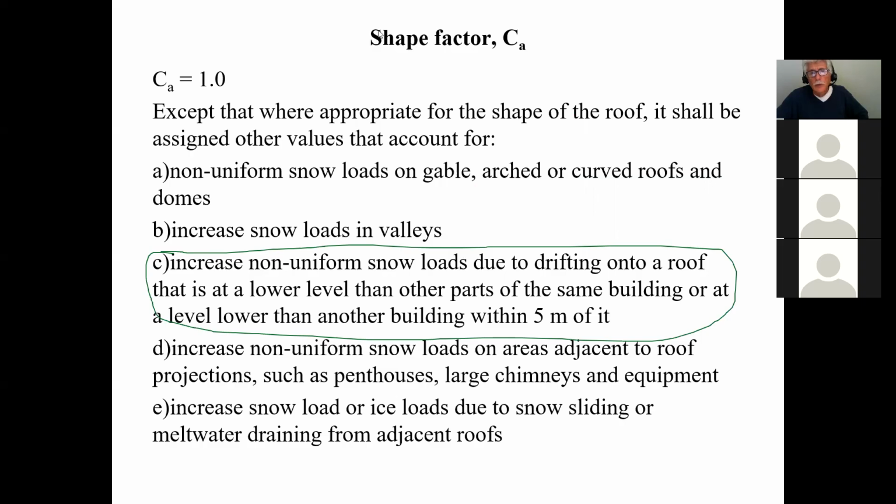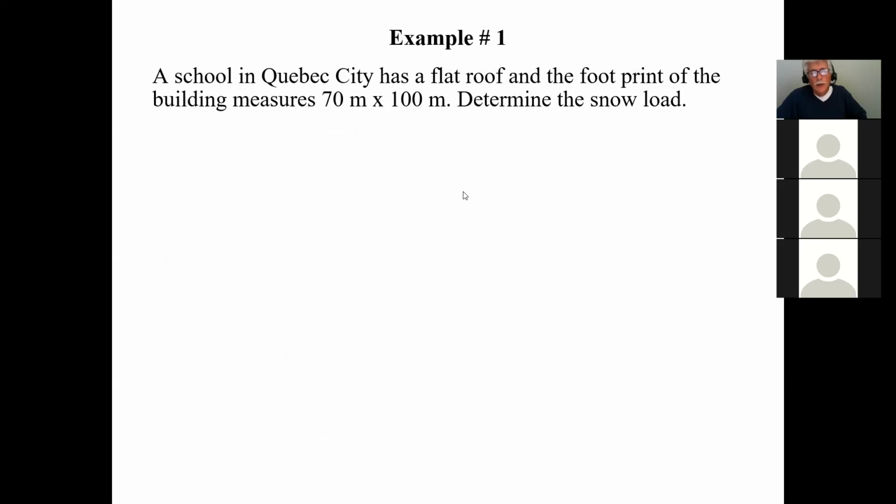Now that we've had an overview of all the variables, we'll apply this to an example, and then we'll be able to determine what the snow load would be for that building if we were ever designing its roof.